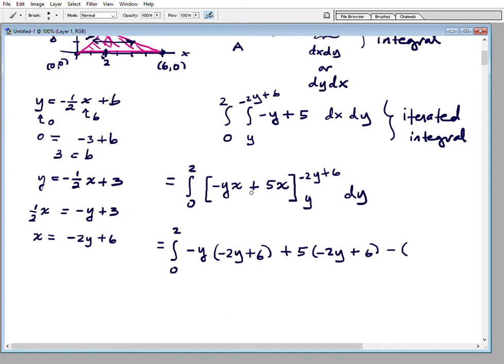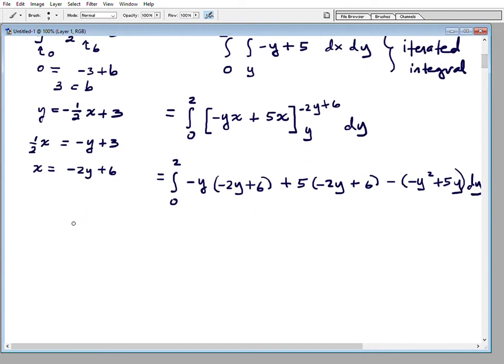Substitute in y here, we have minus y squared. And substitute in y here, and we have 5y. Okay, so we have all that. Okay, we have all this, and now just start simplifying this.